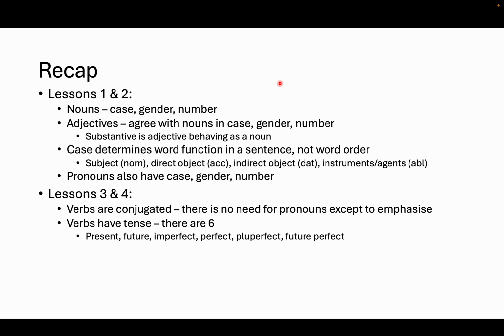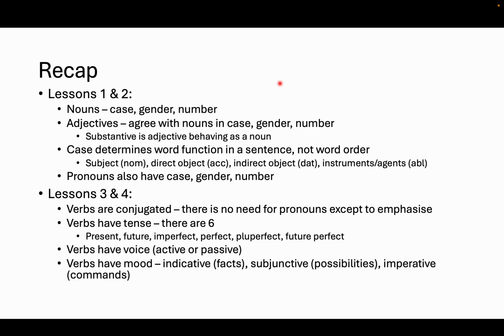I'm not going to read them out. You can go back and look. Verbs also have voice, which is active or passive, and verbs have mood. So there's the indicative, which is the main one, facts, the subjunctive, and there's a lot of subjunctive verbs in the Preces, which we'll see in the next series of videos. Subjunctive covers hypothetical possibilities, and then the imperative mood, which covers commands.